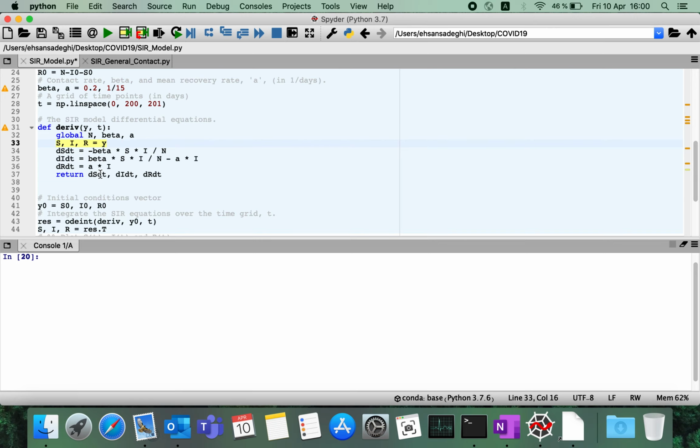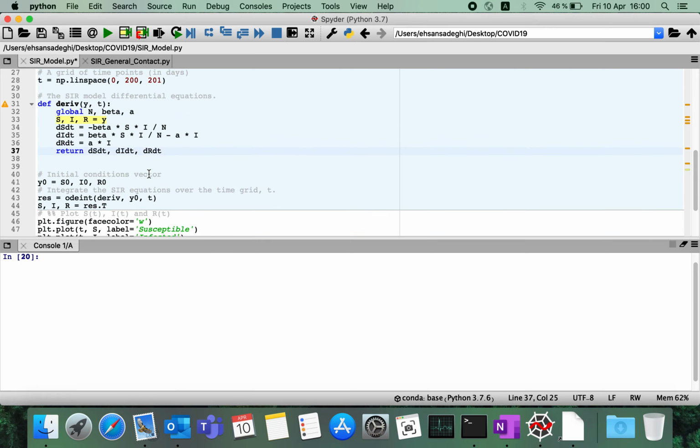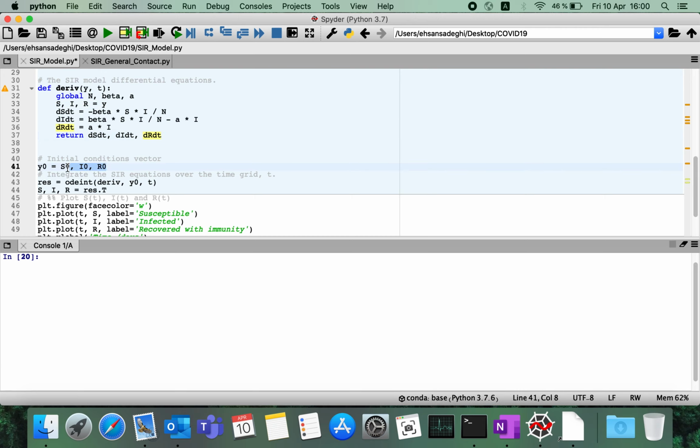This function will return S dot, I dot, and R dot. Then I initialize the conditions, y0, with a vector, and then I can pass y0 and t to my ODE solver and get the result. So I run this cell.